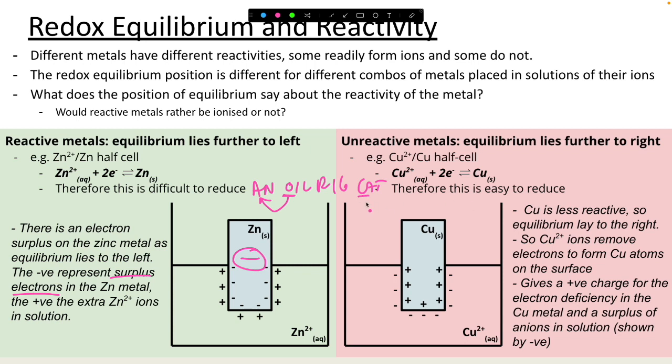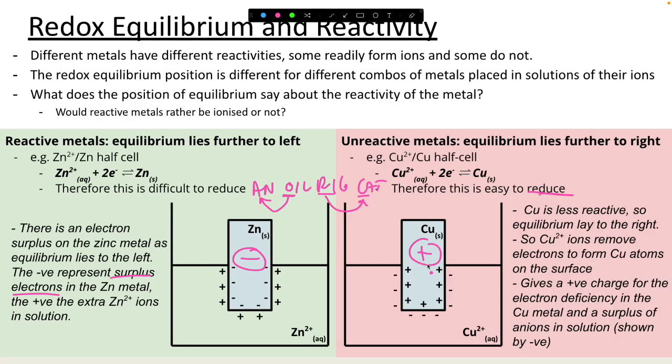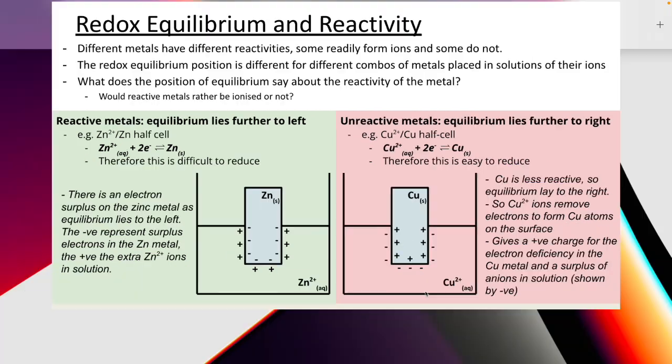Conversely, our cathode, where our reduction occurs, the system that's easy to reduce, ends up positively charged, electron deficient. So the positively charged electrode is the cathode, which is the opposite to what we see in the electrolytic cells. When you've got the electrolytic cells, the positive is the anode. When you've got the galvanic cells, the positive is the cathode, for the reason we've just discussed in terms of this redox equilibrium.